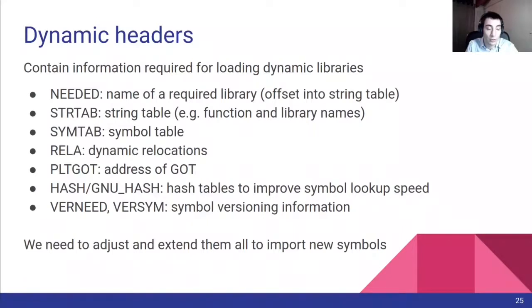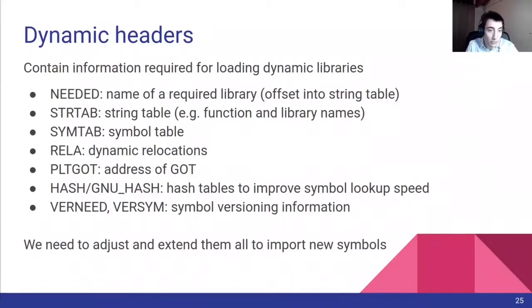There is also a symbol table which describes which symbols, and that is basically which functions and which variables are referenced by the program being loaded. Then there is the rela entry type, and this points to a table describing basically which operations the dynamic linker needs to do to actually write the correct offset inside the global offset table that we've seen before.